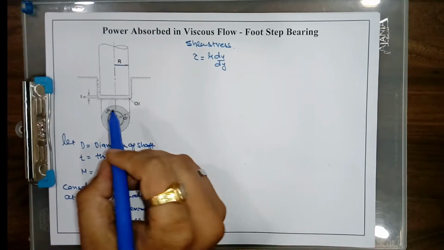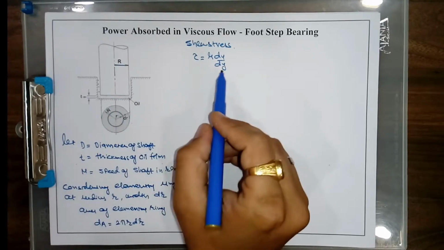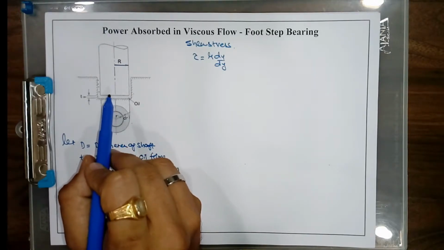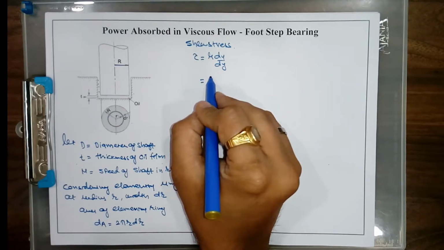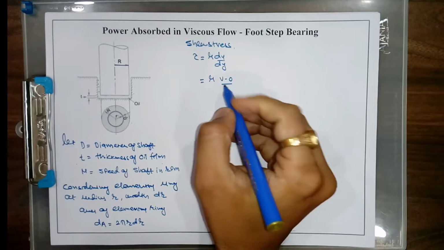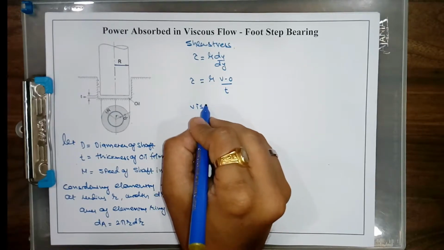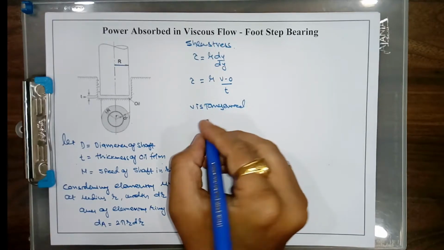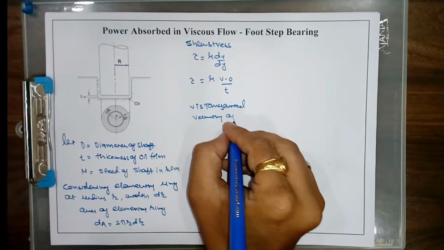Here the distance between the bearing and the shaft is t, so dy is t. The bearing is stationary and the shaft is rotated at a velocity of v, so we get mu into (v minus 0) divided by t, where v is the tangential velocity of the shaft.